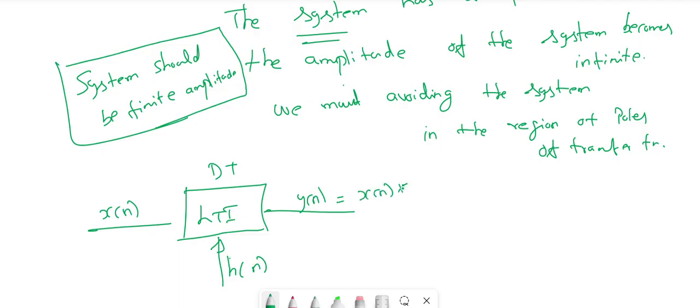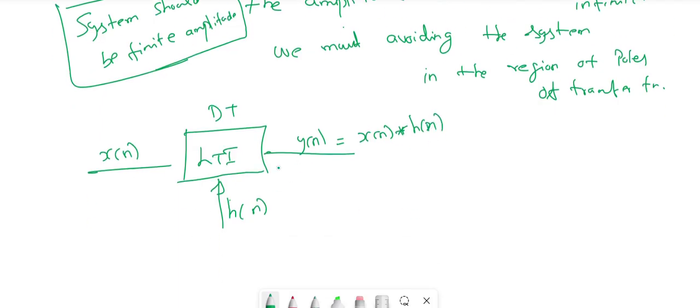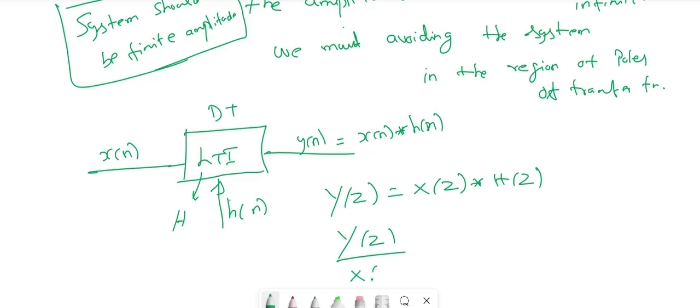Now if you take the Z transformation, the system function is denoted by H(z): Y(z) = X(z)H(z), so Y(z)/X(z) = H(z).